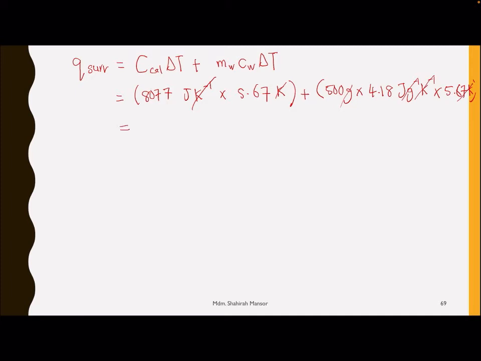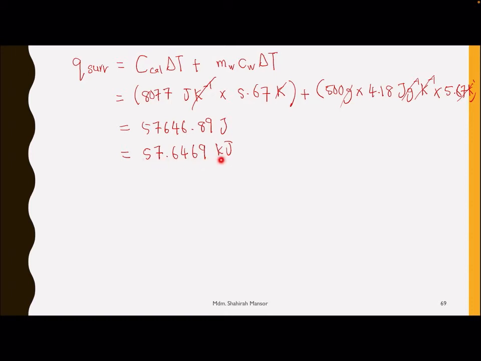So for the Q surrounding, you will get 57,649 joule, or to simplify your answer, you can find it in kilojoule, 57.6469 kilojoule. This is the amount of heat absorbed by the surrounding.